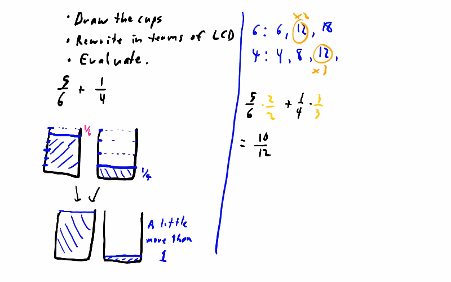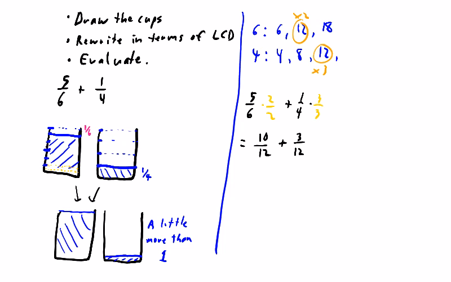In other words, if I'd gone over to the cups and divided every mark halfway, each one of those would be a 12th. And instead of having 5 of the 6ths filled up, we would have 10 of the 12ths filled up. Using the same method, we can take 3 times 1 and get 3, and 4 times 3 is 12.